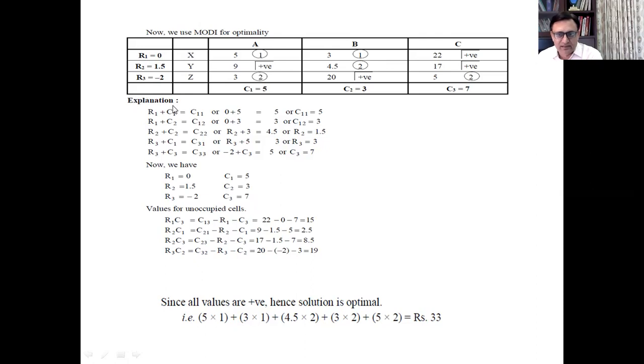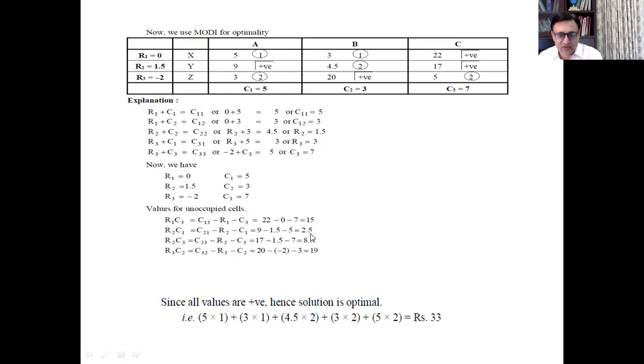The first unoccupied cell given in this table is here, for example R1 and this C3. Here the cost is 3 minus R1 value, which is 0, and similarly the C2 value will be deducted to find out the cost change.